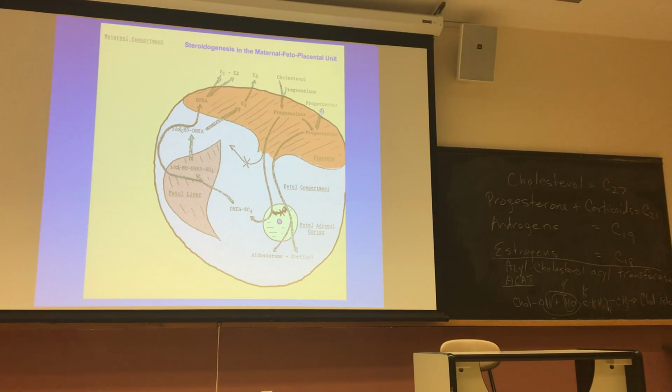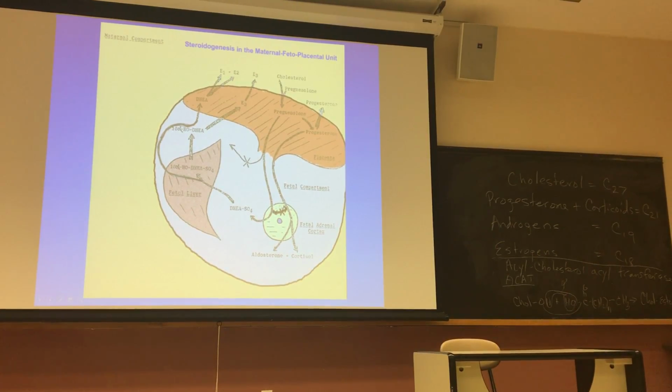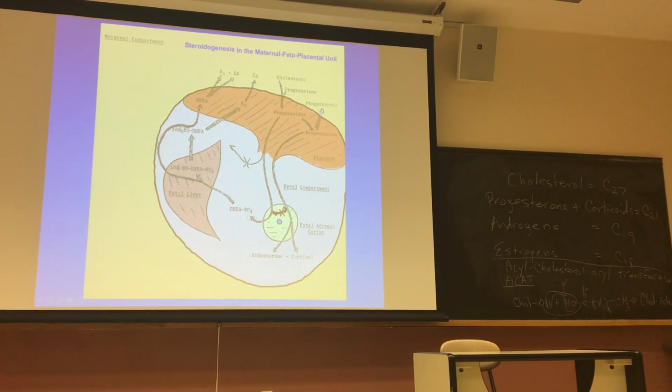It can make cortisol from progesterone. It can make aldosterone from progesterone. It cannot convert the androgens, however. It cannot take this precursor and route it to cholesterol from what would normally go to androgen production.